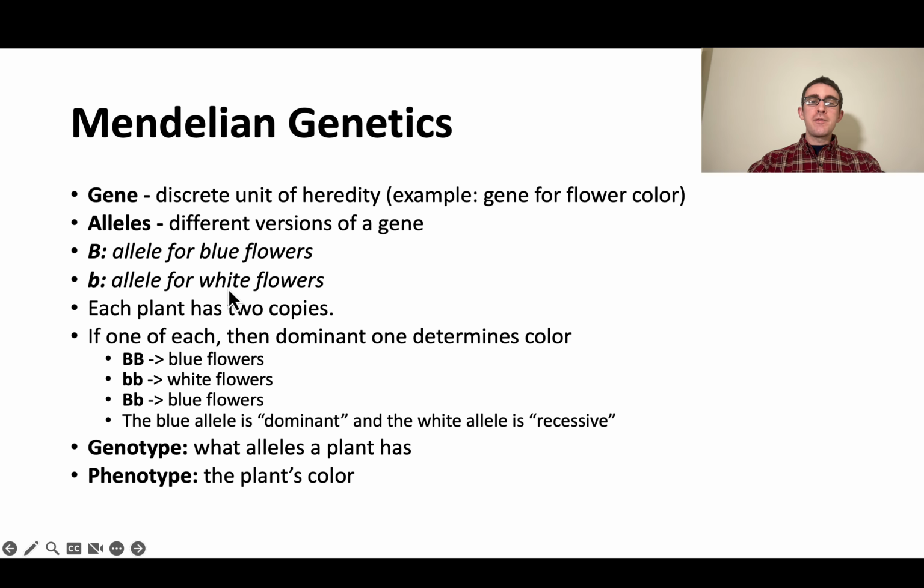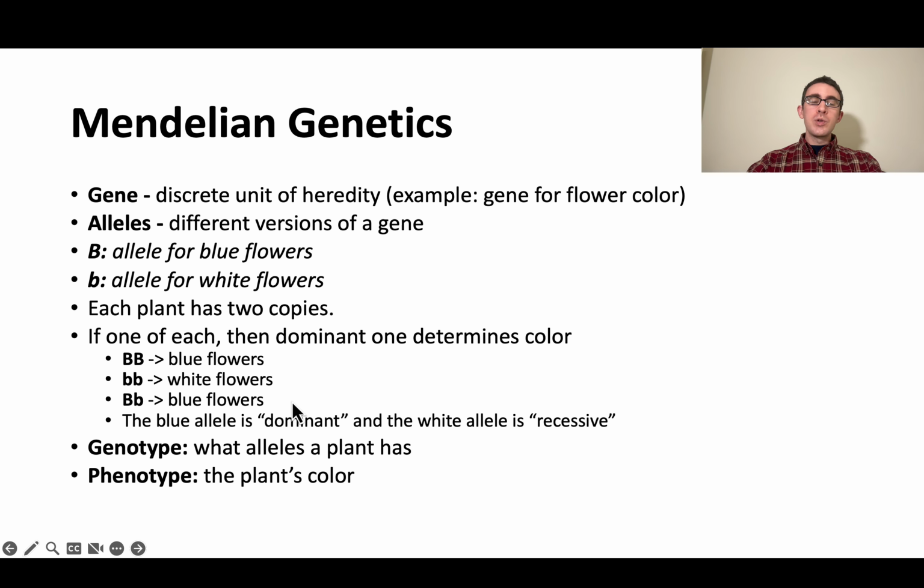So we don't specify the white allele with a W, we specify it with a lowercase b, because it's the recessive allele, and the dominant allele is blue, uppercase B. If there's one of each, the dominant allele determines the color. So if they have one blue allele and one white allele, they'll get blue flowers.